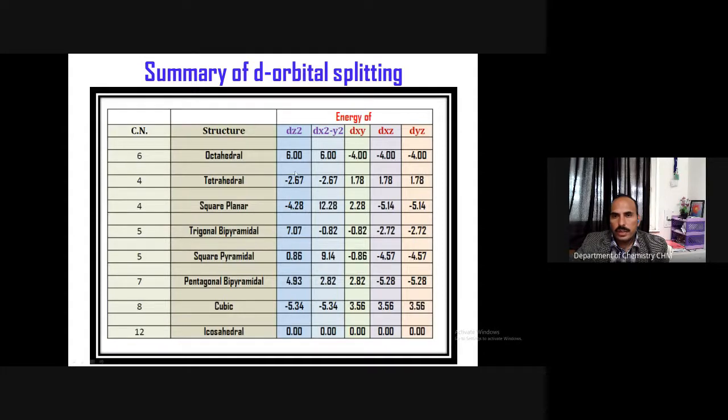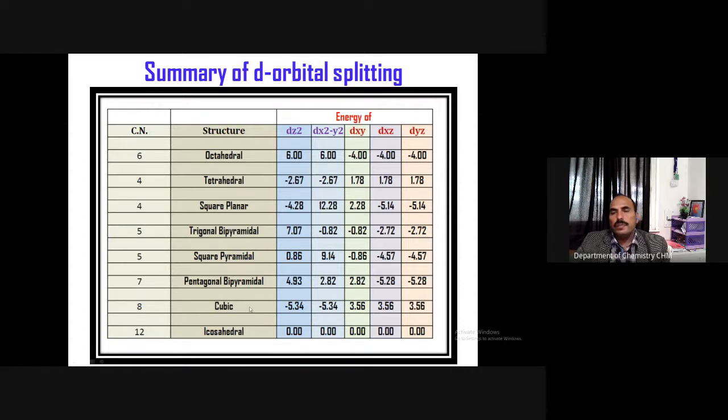Minus 4.28 is dz square, so this is slightly quite below the barycenter. And then you have dxz, dyz, even lower in energy, minus 5.14. Okay, so this is the exact picture. If you have this table, you can make an accurate d orbital splitting diagram for any of the geometries.